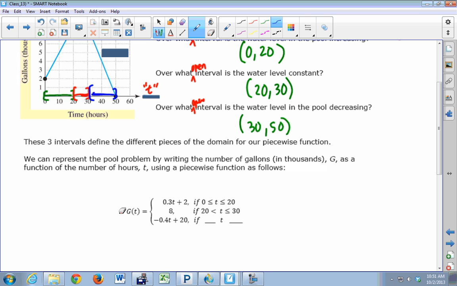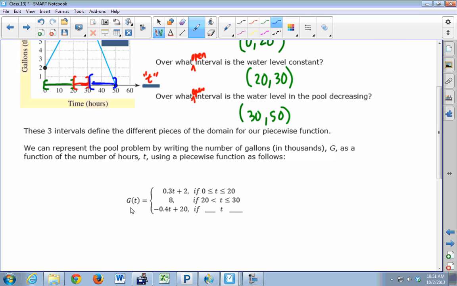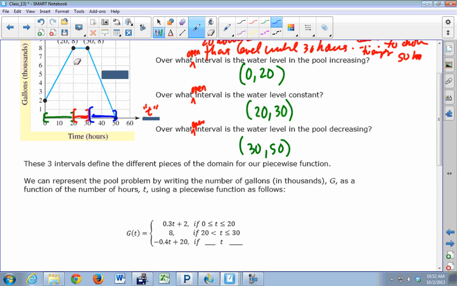So it starts off exactly the same way. It has your function's name. The function here is going to be called g. Then you represent the output by g of the independent variable here, t. And then what changes here is that instead of just being one equation or one rule or one description on the right side, you have 3, one for each of these pictures.